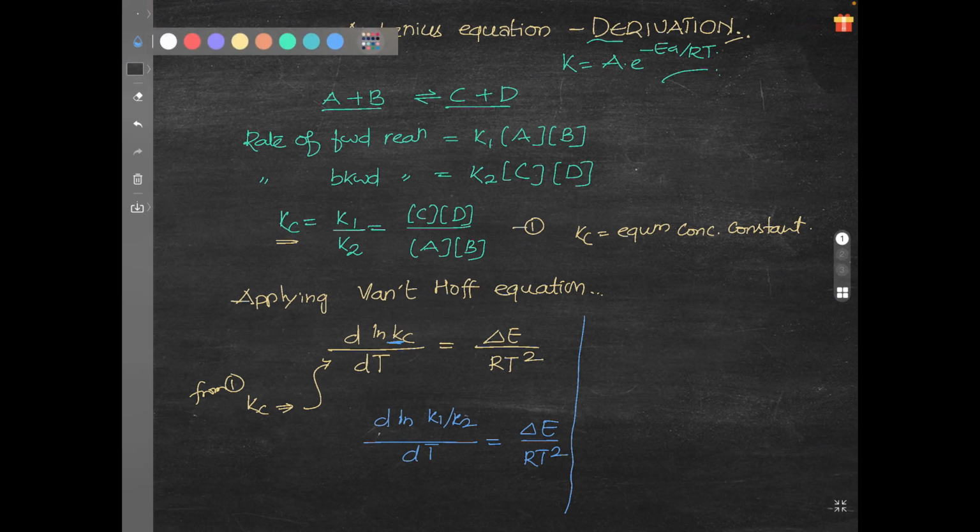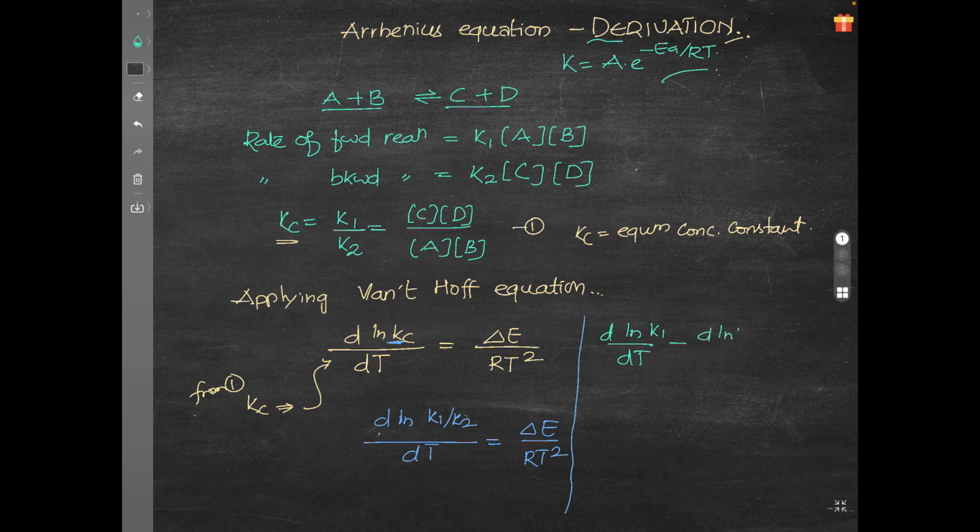Now in place of this, you can write k1 by k2 as d ln k1 by dT minus d ln k2 by dT is equal to delta E by RT square. Correct? Up to here it is done.